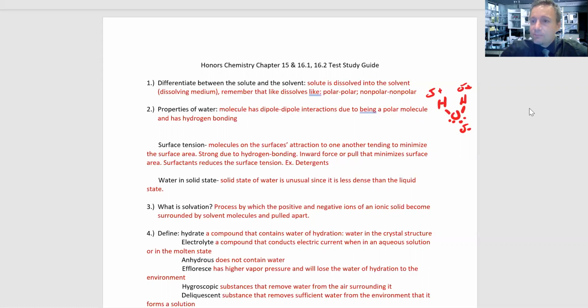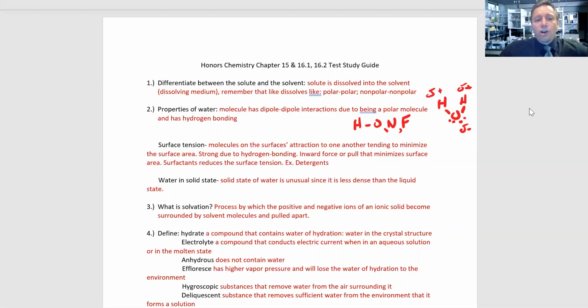If you remember, the hydrogen bonding has to have a hydrogen, that makes sense, but it only can occur between hydrogens bonded to oxygen, nitrogen, or fluorine. That creates a special bond that has extra pull and extra attraction, and it's called hydrogen bonding. That makes up a lot of the reasons why water has the properties that it has.